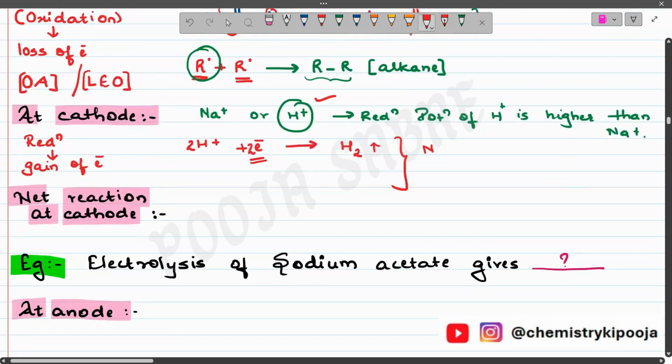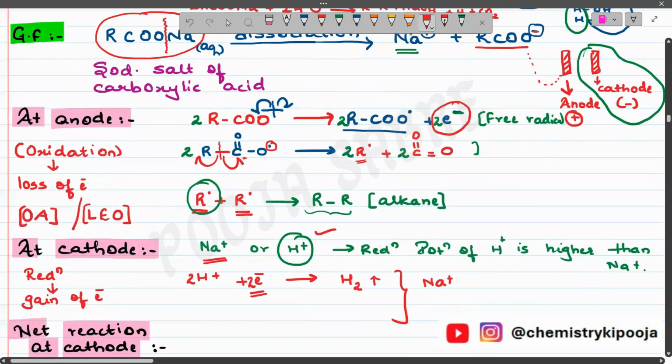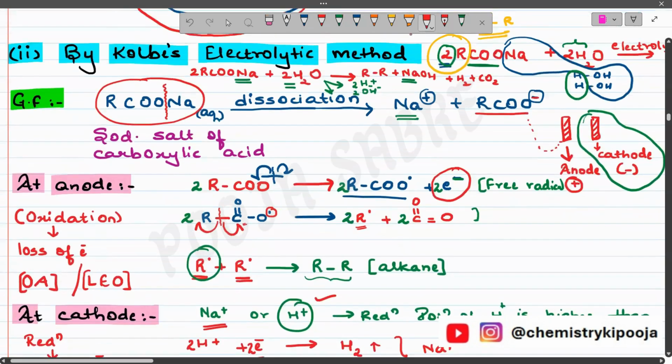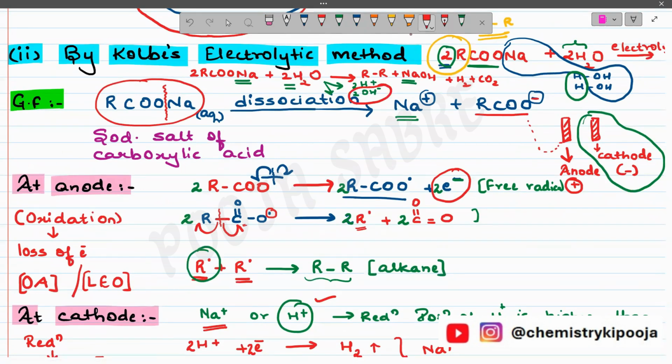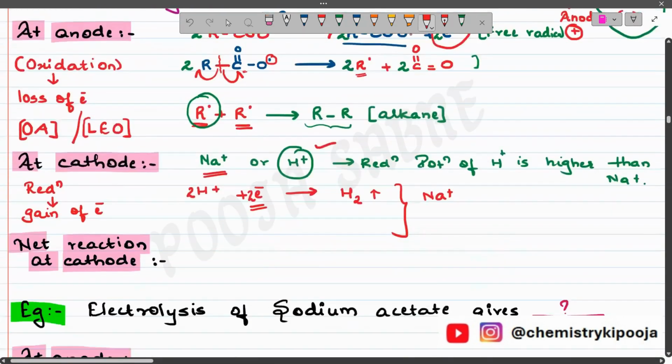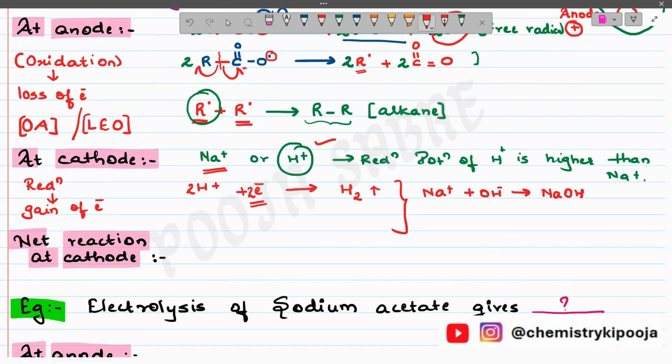And then what is going to happen with the Na? This Na plus is going to combine with which group? Now we have one more minus group left. It is this group, 2OH minus from H2O. So this Na plus will combine with OH minus, and then I'm going to get NaOH, right?